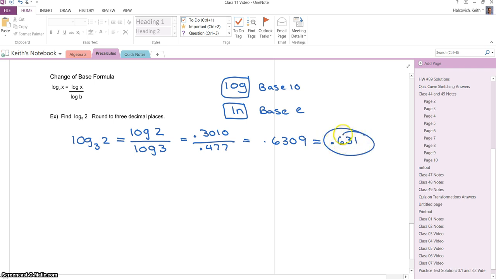So that's how you would do a change of base. So for example, if I said find log base 5 of 7, you would do log 7 divided by log 5. You could also do the same thing with ln. You could do ln 7 divided by ln 5, and that would give you the same answer.